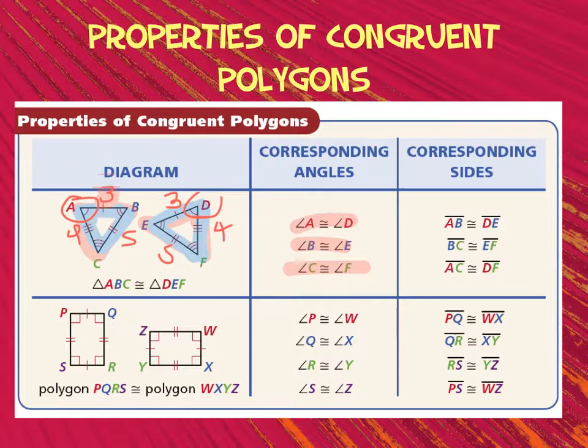And then the one on the bottom is just based on a quadrilateral now. Those are actually rectangles. Polygon PQRS is congruent to polygon WXYZ. If that's the case, then the order of the letters matters. P goes with W, Q goes with X, R goes with Y, and S goes with Z. This time it's harder to see that from your diagram, but you can use your congruent statement.